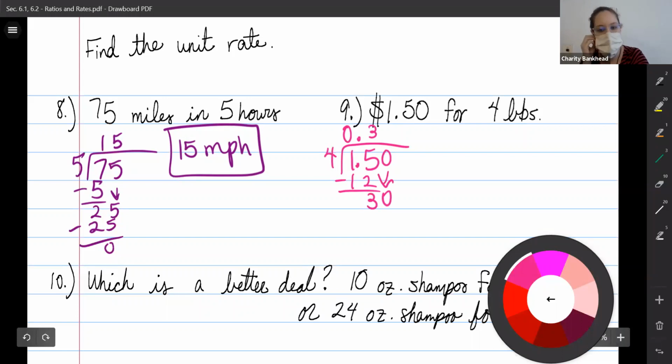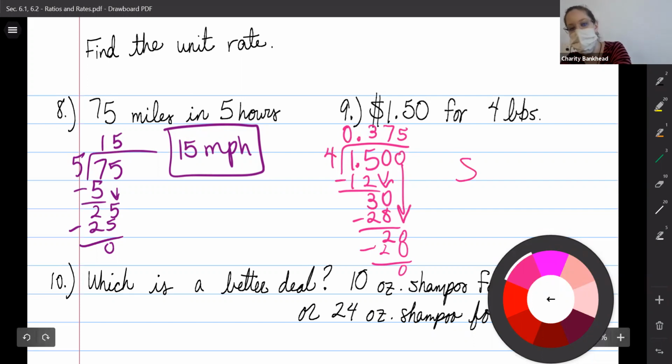Bring down the 0. 4 would go into 30 7 times. 7 times 4 is 28. 30 minus 28 is 2. So let's do another 0. 4 would go into 20 5 times. So 5, and that's it.